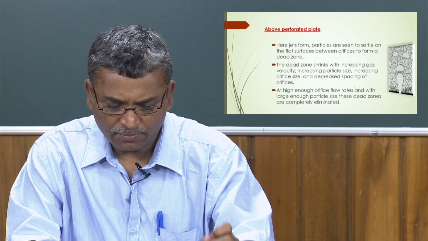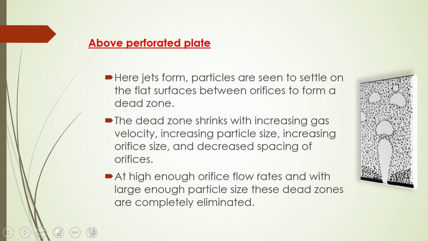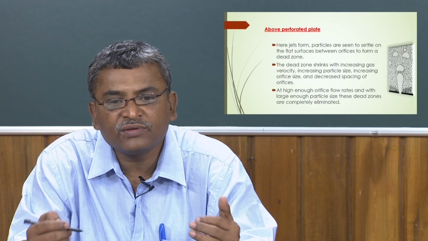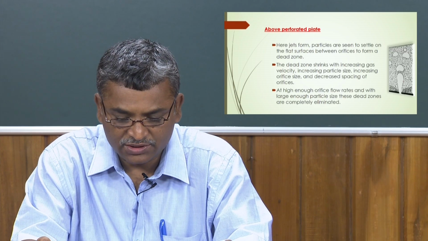Above a perforated plate, it is seen that there will be jet formation, and particles are seen to settle on the flat surfaces between orifices to form a dead zone. The dead zone shrinks with increasing gas velocity, increasing particle size, increasing orifice size, and decreased spacing of orifices.